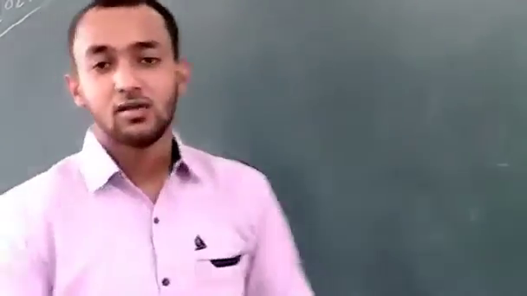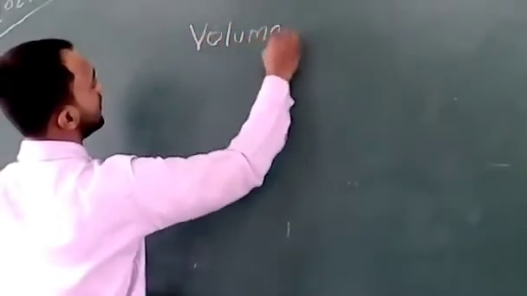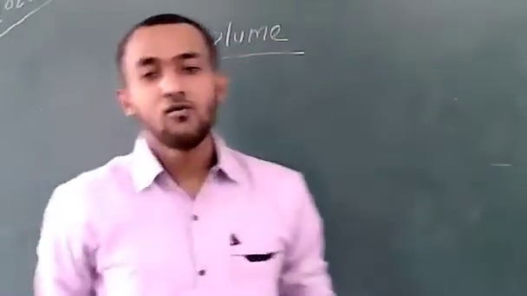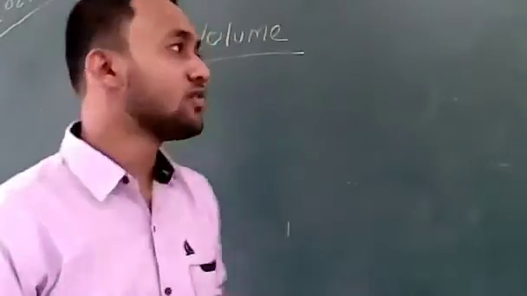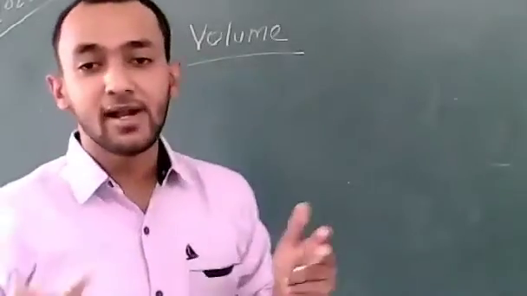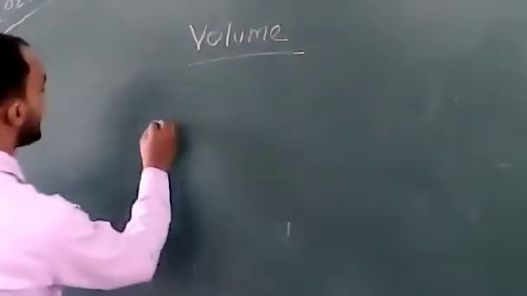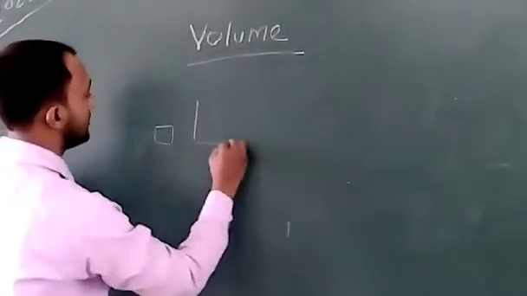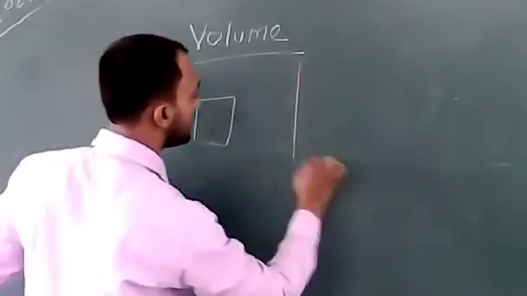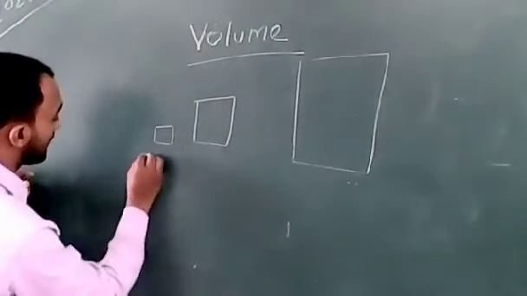Now we will discuss the next topic, volume. At home, you say the bucket is bigger than a mug and a drum is bigger than a bucket. This is a mug, this is your bucket, and this is your drum.